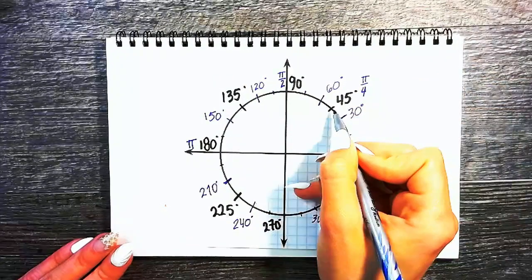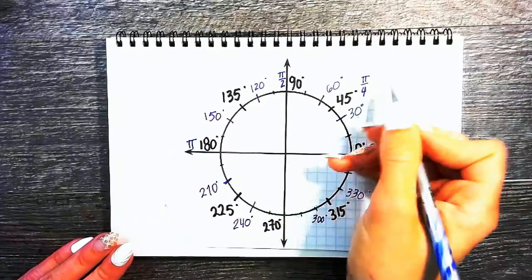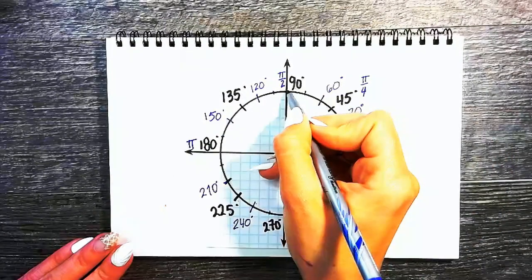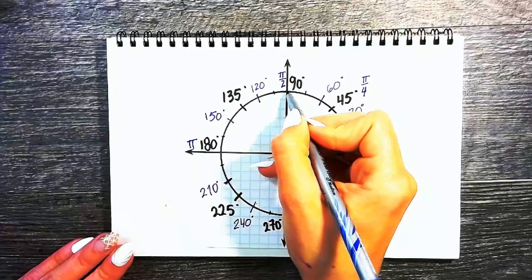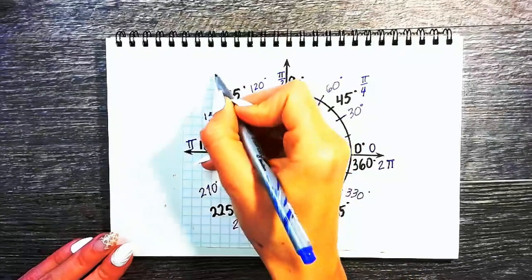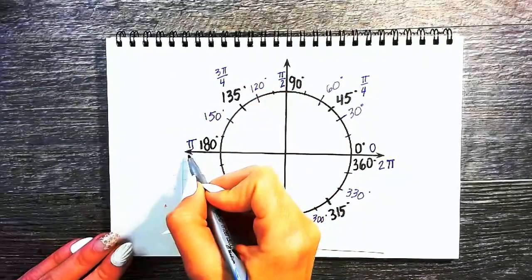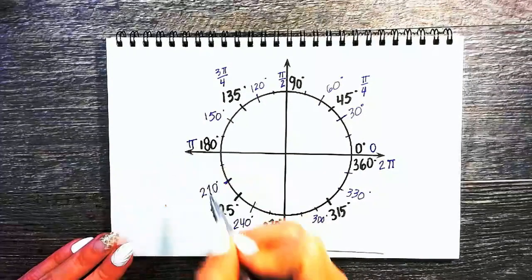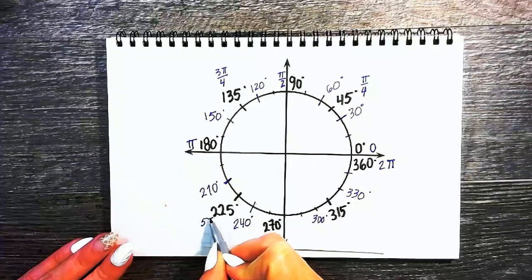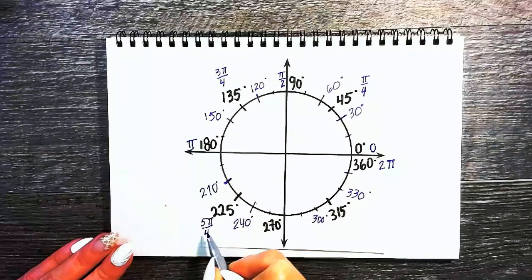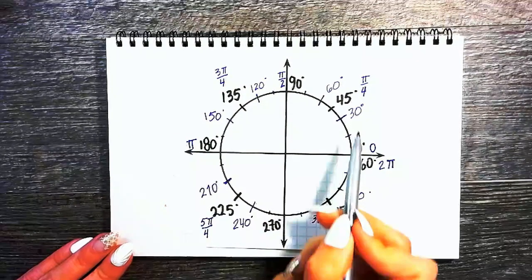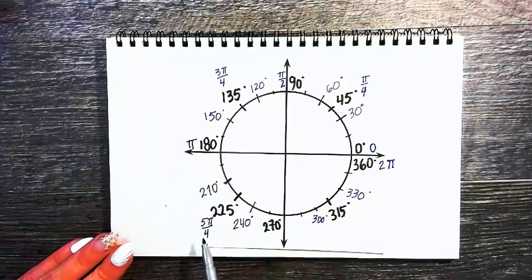Just like counting by 45s, we're going to count by pi over 4s. 1 pi over 4, 2 pi over 4, but we reduce because we're real good. 3 pi over 4. 4 pi over 4 is a checkpoint. That's pi. 5 pi over 4. Now, this is more than 1 pi because our numerator is bigger than our denominator.